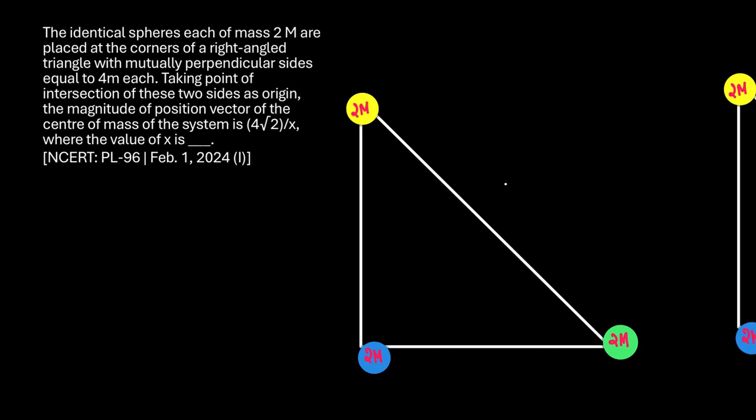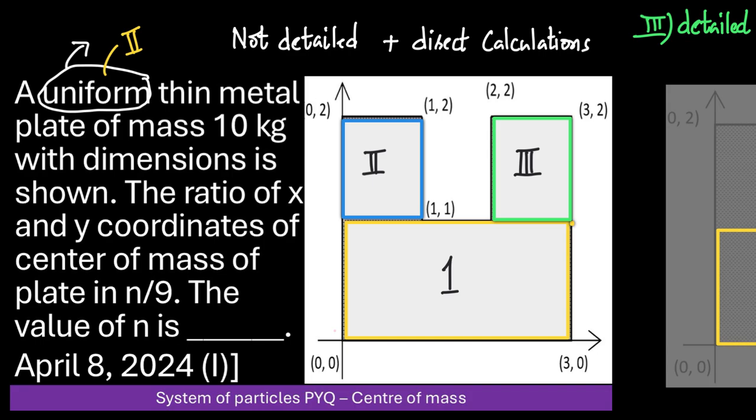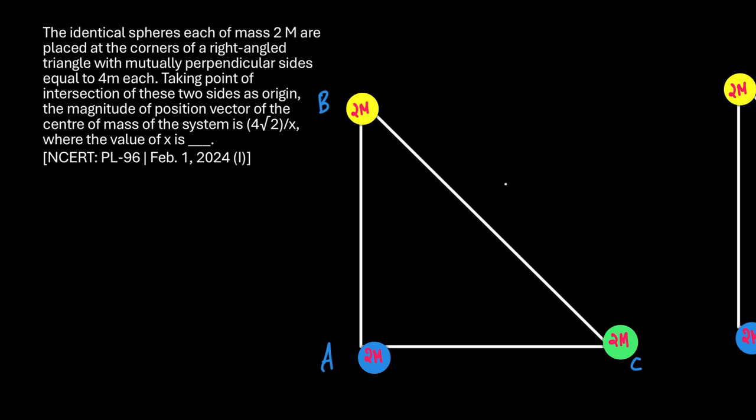We've been given 3 identical spheres of each of mass 2m, which are placed along the sides of a triangle, say triangle A, B, and C, such that the mutually perpendicular sides are placed at origin, taking point of intersection of these 2 sides as origin, right? So we have triangle ABC, right angled at A, and this point A is taken to be the origin.